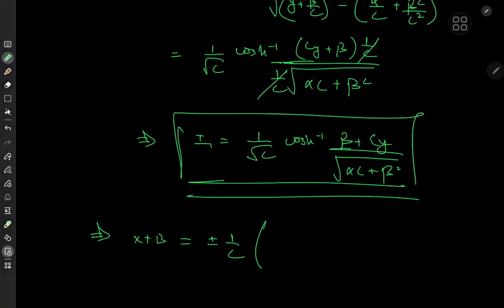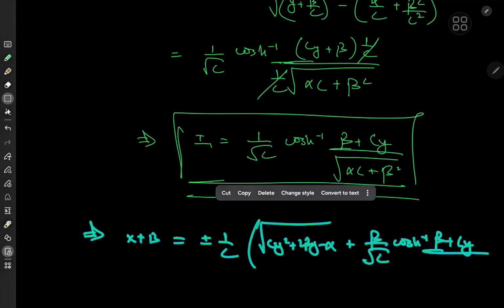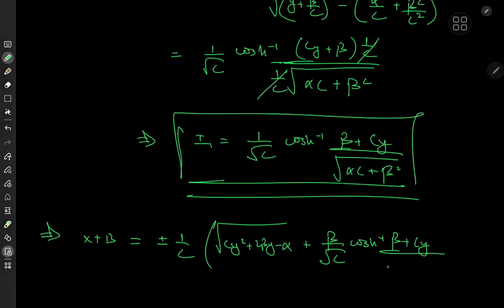So the square root, terribly sorry about that again, of c y squared plus 2 beta y minus alpha plus beta over root c is still there, and we have this arc cosh of beta plus c times y over, I need a bit more writing space, the square root, terribly sorry about that, of alpha c plus beta squared.